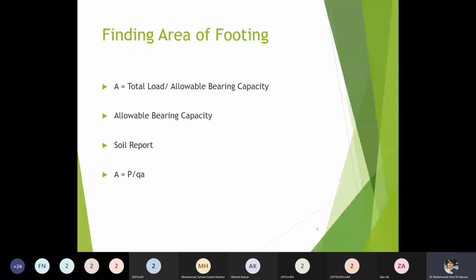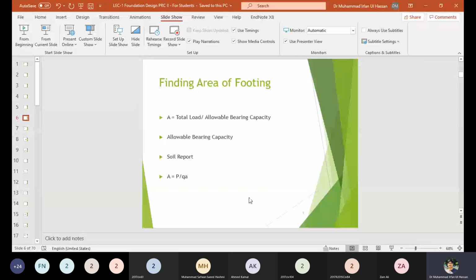You know that the allowable bearing capacity is Q ultimate divided by the factor of safety.